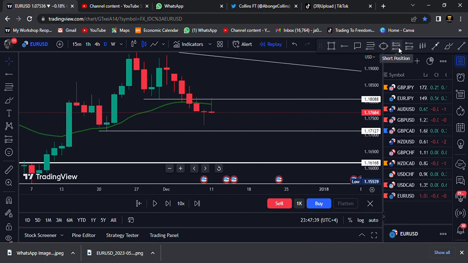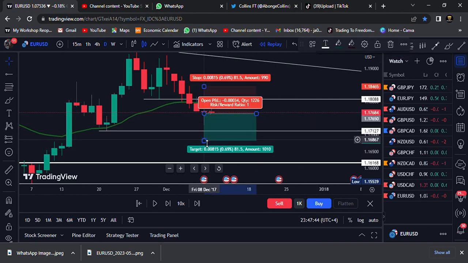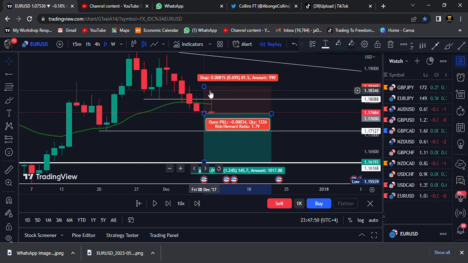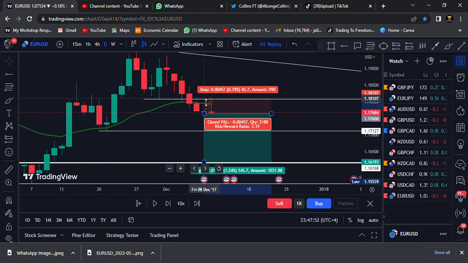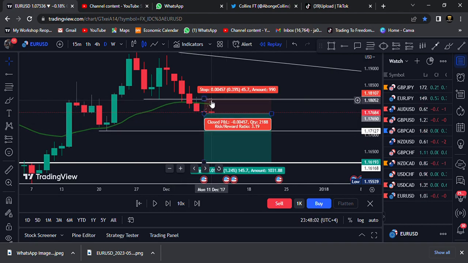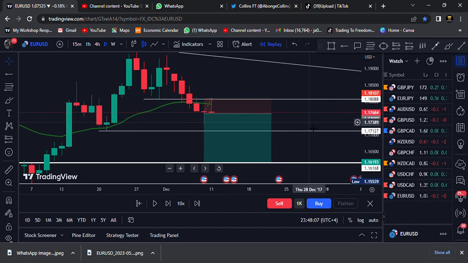We can put our short position here now, and same as I say all the time guys, always take profit when it's necessary. So why I'm entering here: price came down, broke the support, came right down here, went back and retested the support and rejected at the same time. So showing that price is ready to continuously go down.